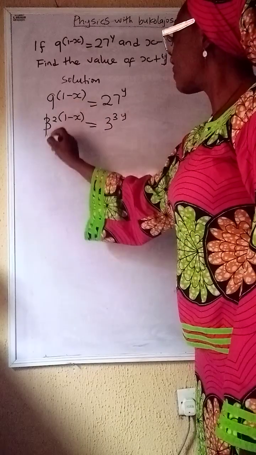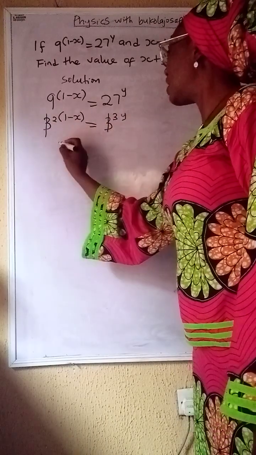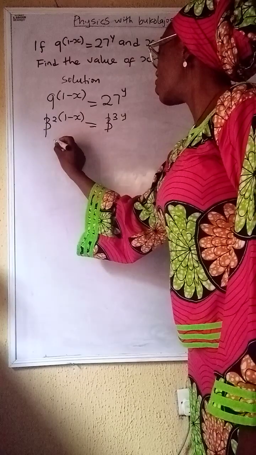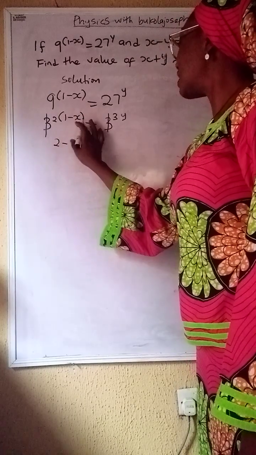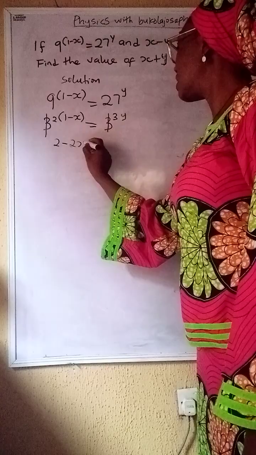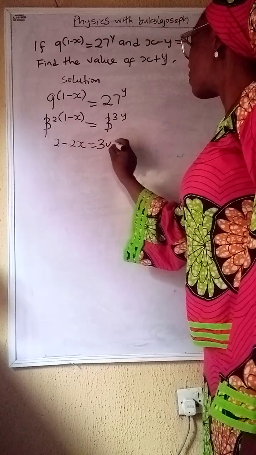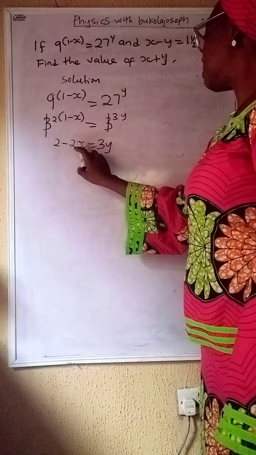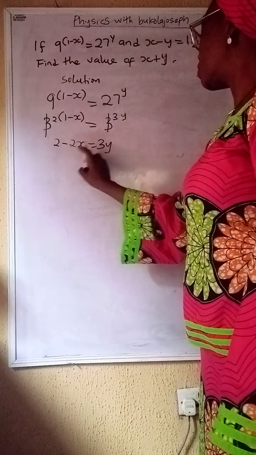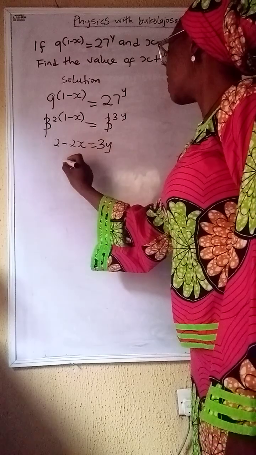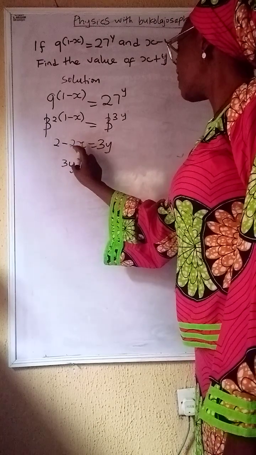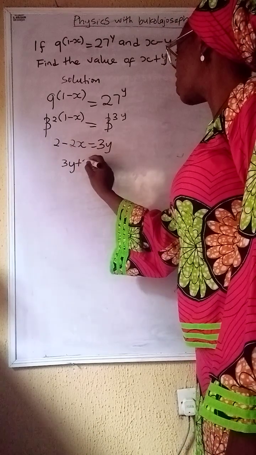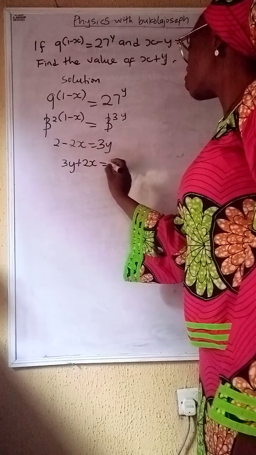So you see this 3 will cancel this 3, and then we'll be left with what? This times this will give us 2 minus 2 times minus x, which is 2 minus 2x, is equal to 3y. So let's bring the ones with variable together. If minus 2x comes to this side, it becomes positive, so we have 3y plus 2x is equal to 2.